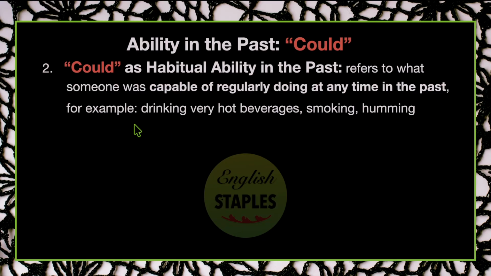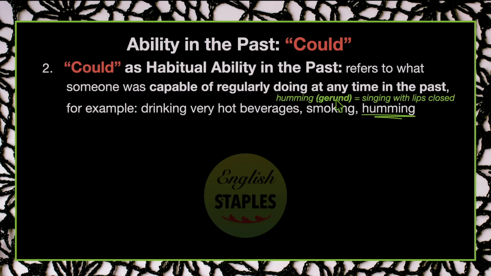For example, drinking very hot beverages, smoking, humming. So these are just a few examples of habits that someone was capable of regularly doing at any time in the past, right?